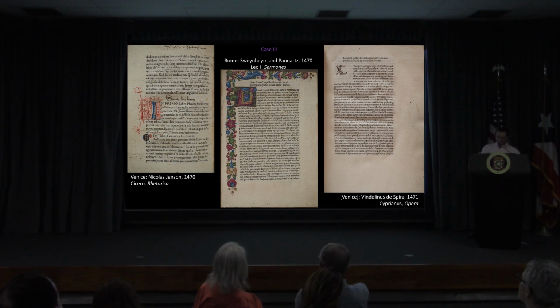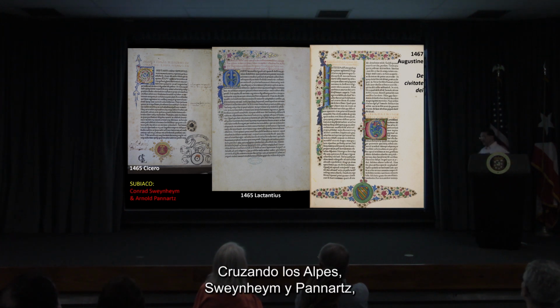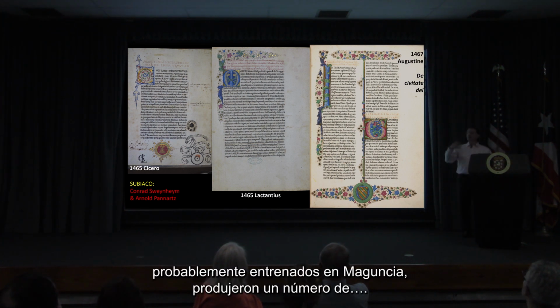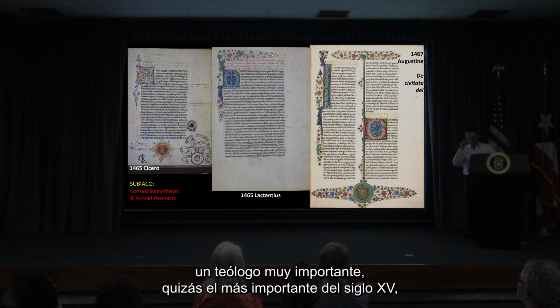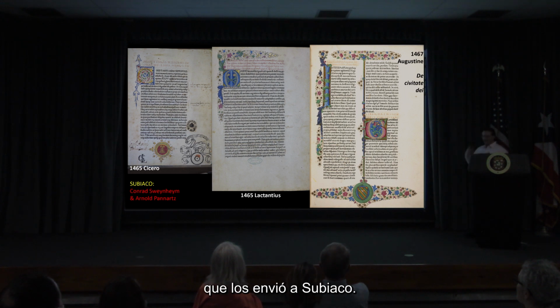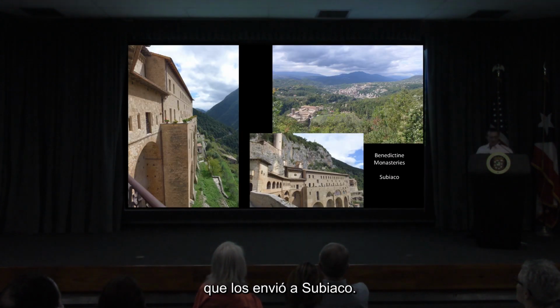So, crossing the Alps, Sweynheym and Pannartz, probably trained in Mainz, produced a number. They were probably invited by Cardinal Torquemada, a very important theologian, maybe the most important theologian of the 15th century, who actually sent them to Subiaco.